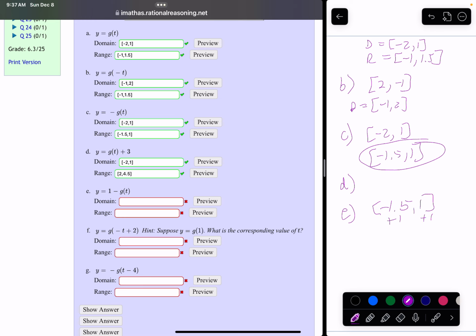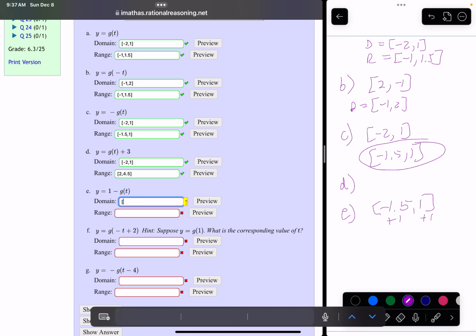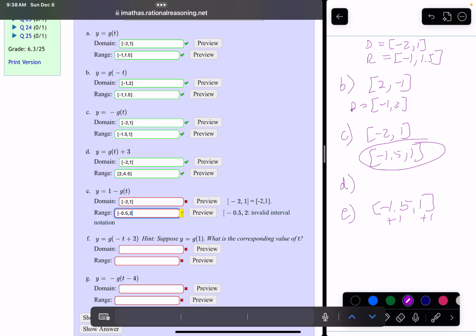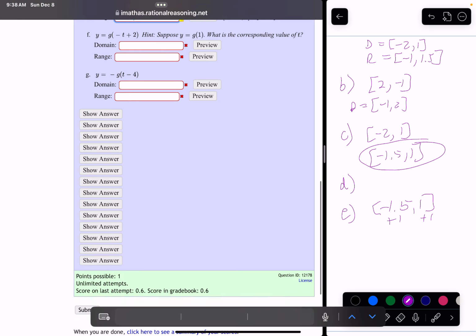So we would get domain, nothing's changed, -2, 1. But our range is now going to be, if you add 1 after we flipped it, -0.5, comma 2. So we'll check that one. That one's a weird one.